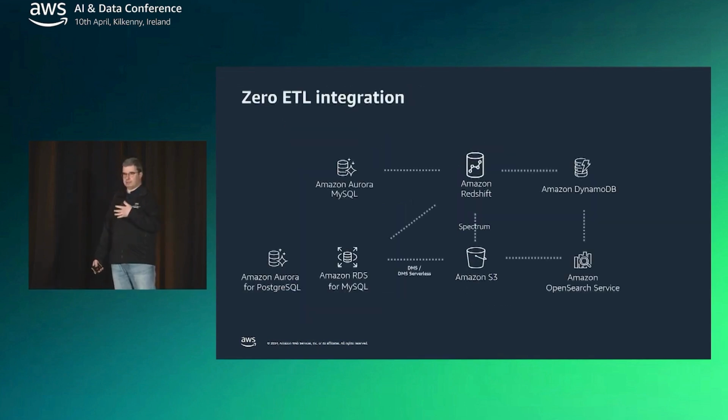So just again, to remind you, these are the integrations that are currently there. Aurora to Redshift and Amazon DynamoDB to OpenSearch are available. The rest are in preview. Aurora Postgres is in preview, RDS for MySQL is in preview, and DynamoDB to Redshift is in preview.